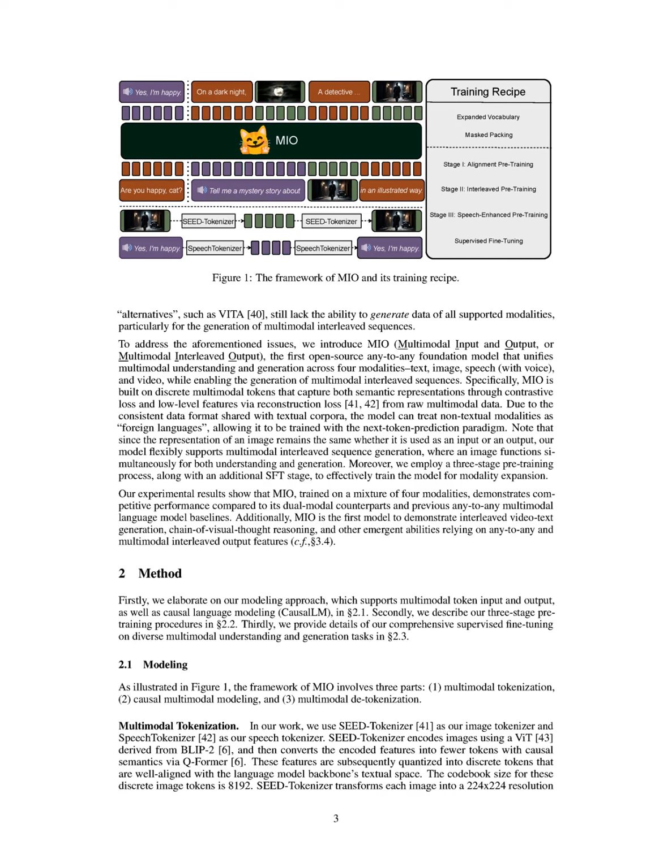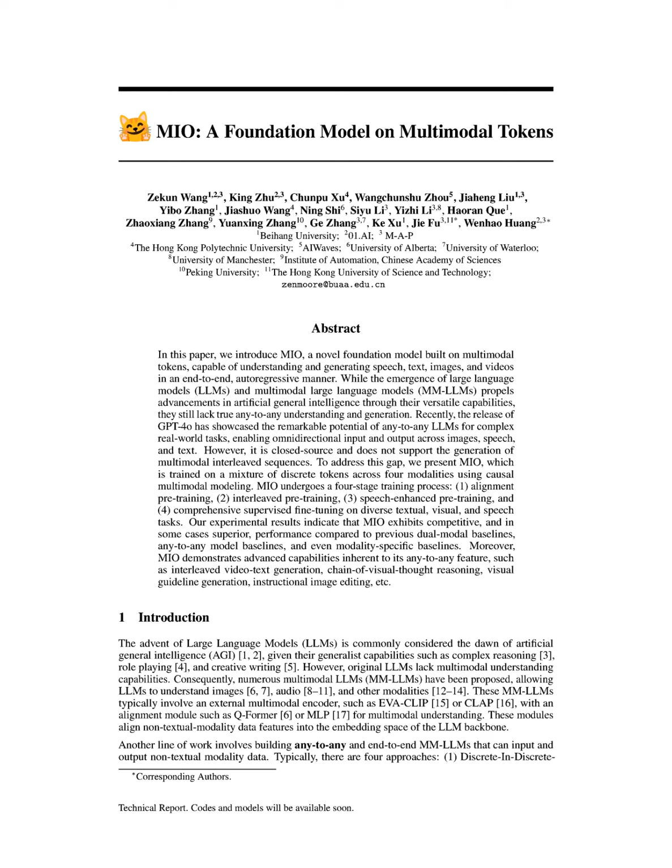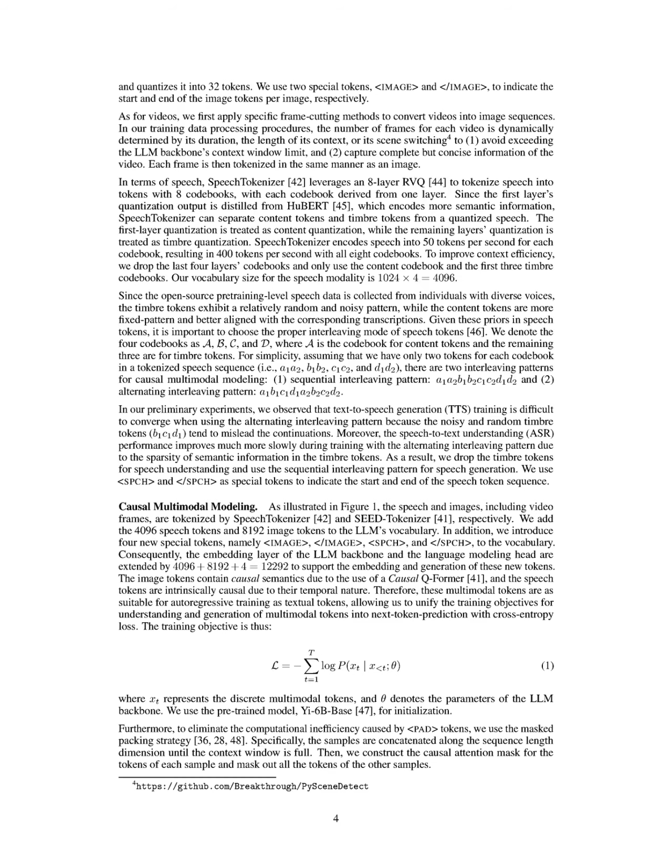The MIO algorithm operates by utilizing a unified framework for multimodal input and output, allowing it to process and generate data across four modalities: text, image, speech, and video. For instance, consider a scenario where the model receives a video input, along with a text prompt asking for a summary. The video is first tokenized into image sequences using the SEED tokenizer, while the text is processed through the language model.